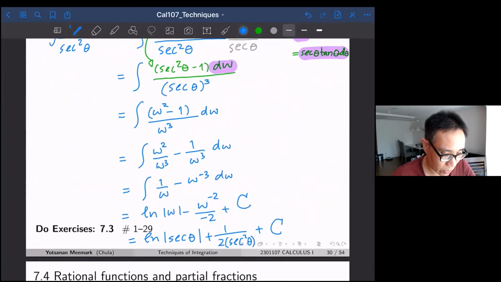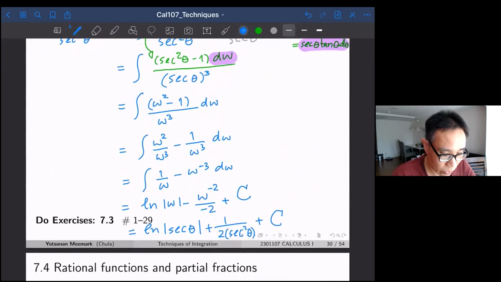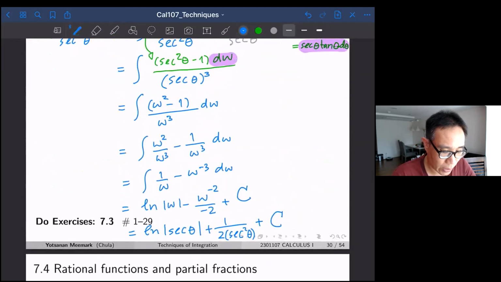So for this one, I'm going to copy this solution down. I'm not going to have 1 over 2 sec squared; I'm going to change this one to cosine squared on top.